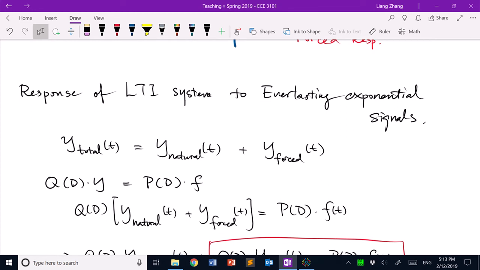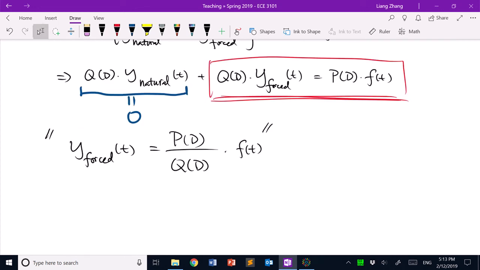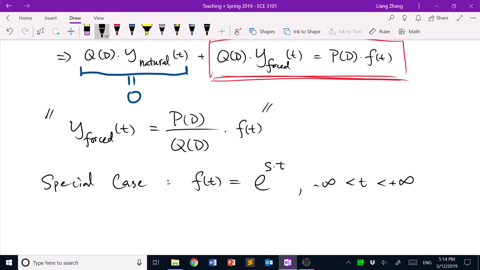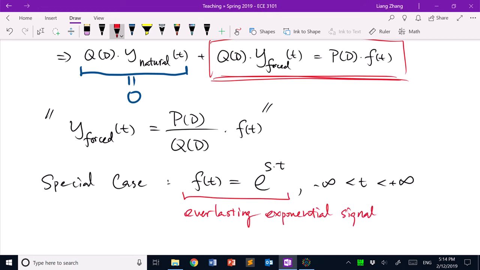We're still going to focus on this equation, and we're only going to focus on one particular case, that f of t is an everlasting exponential signal. So in the following discussion, f of t is equal to, keeping in mind that there's no u of t anymore, so it extends from t equal to negative infinity to t equal to plus infinity.